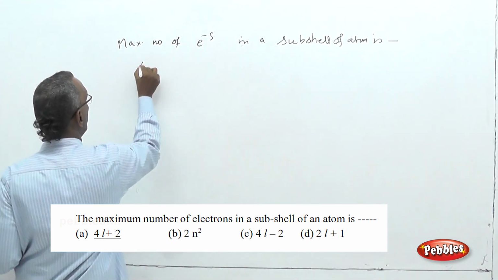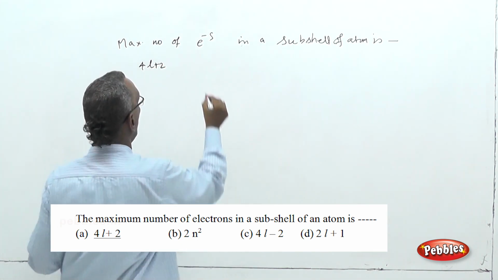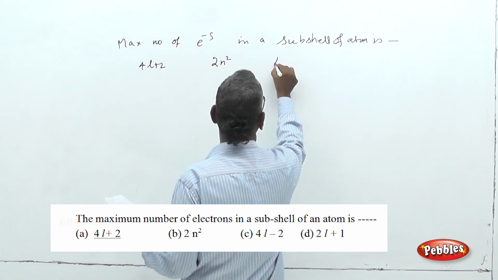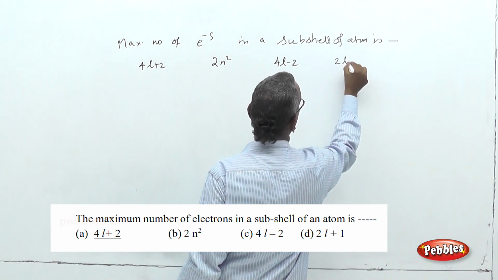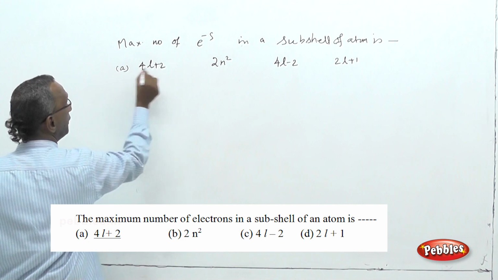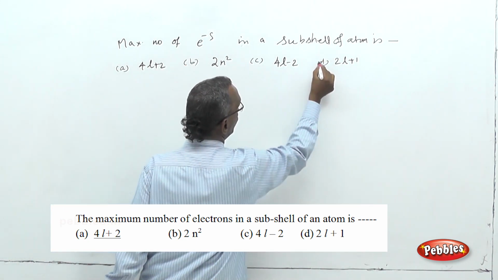There are 4 choices given. First choice A is 4l plus 2. Second choice is 2n squared. Third choice is 4l minus 2. And fourth choice is 2l plus 1. Here I have mentioned only the choices, which will be considered as A, B, C and D. Only one choice is correct.